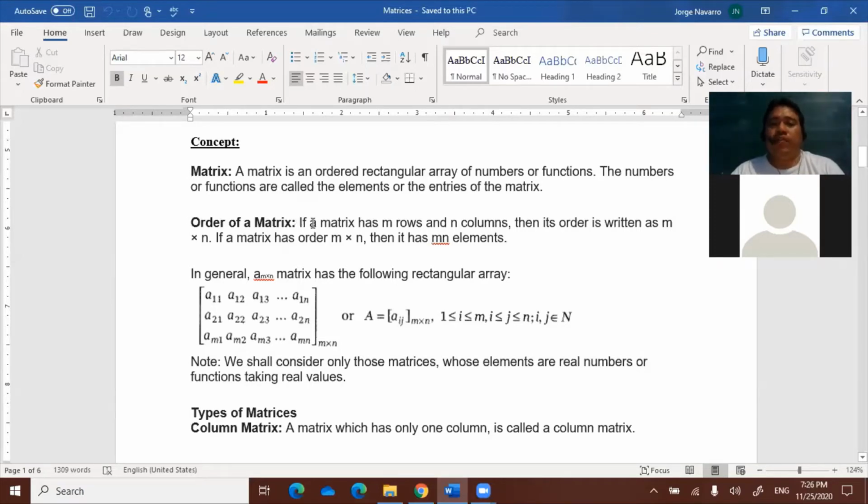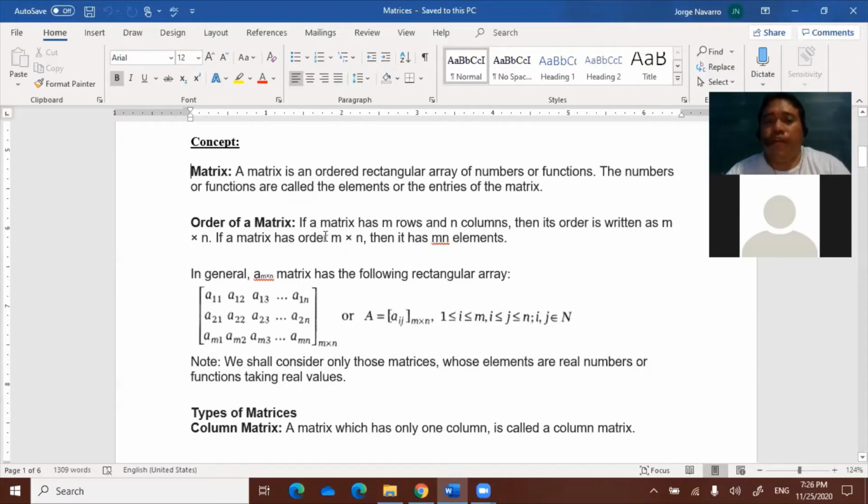It says if a matrix has m rows and n columns, then it is written as m by n. If the matrix has an order of m by n, then it has mn elements, right? So let's put numbers to these things.